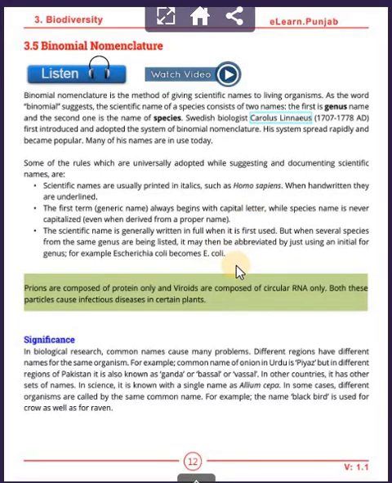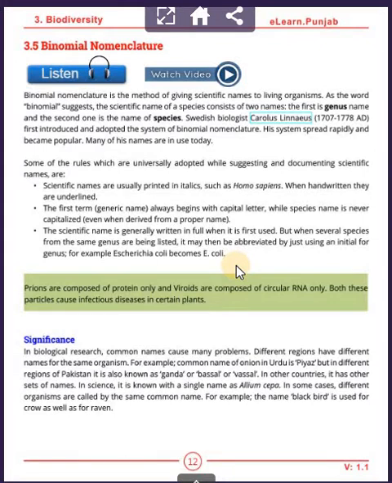Now, what is actually the significance of giving scientific names to the organisms? There were many common names of the plants and animals, which was creating problems for the researchers.